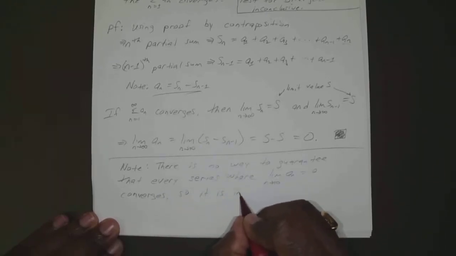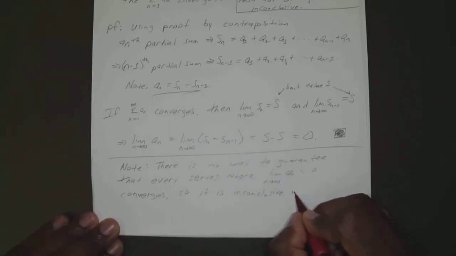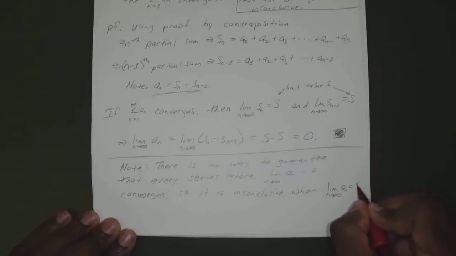So it is inconclusive when the limit as n approaches infinity equals 0. You'll see that on multiple tests that are coming up, that even though the limit may equal 0, the actual series itself would diverge.